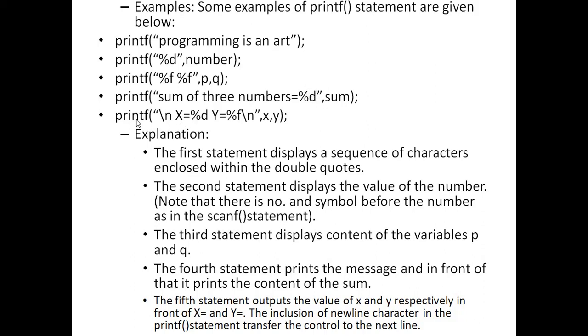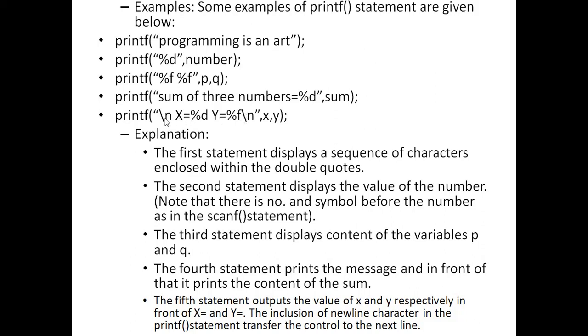And if you consider the last example, this statement will print the output values of x and y respectively: x is equal to the x value and y is equal to the y value. x is of integer data type and y is of float data type.